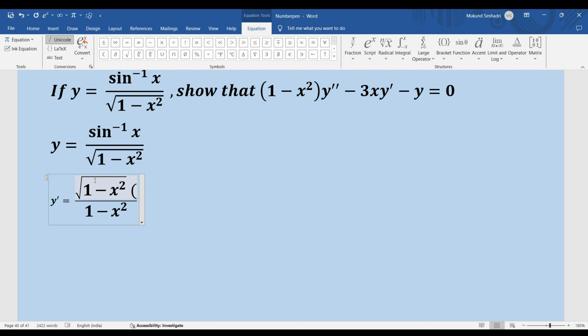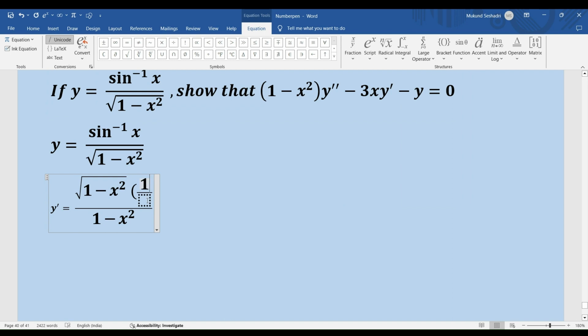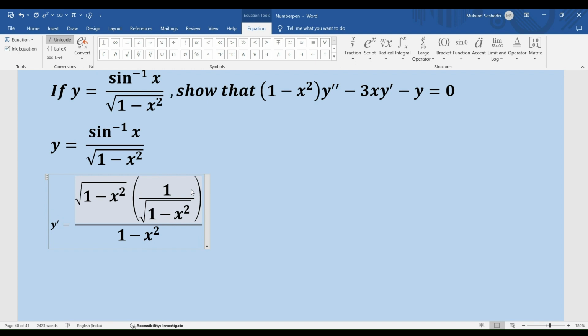And what is there in my numerator? Sine inverse of x, right? And what is d by dx of sine inverse of x? It is 1 by square root of 1 minus x square, right? 1 by square root of 1 minus x square. So this is our part 1 of the numerator. And then I have a minus of.